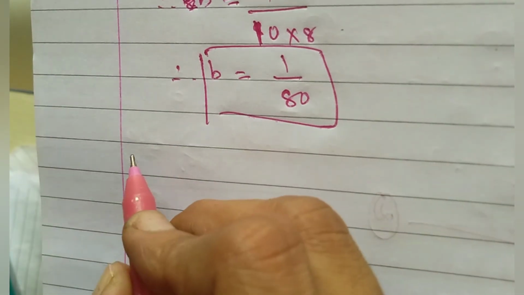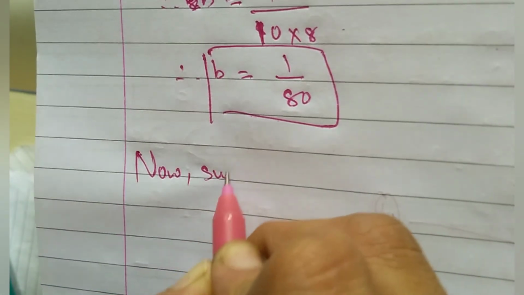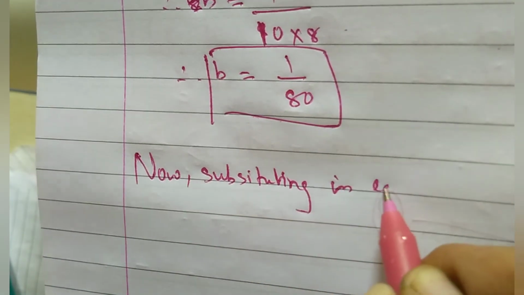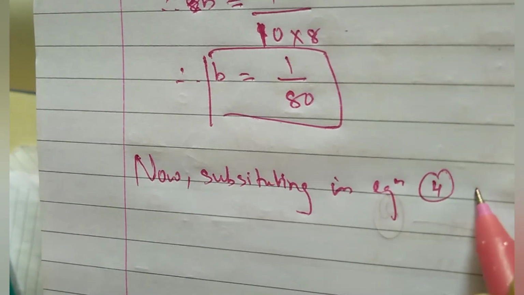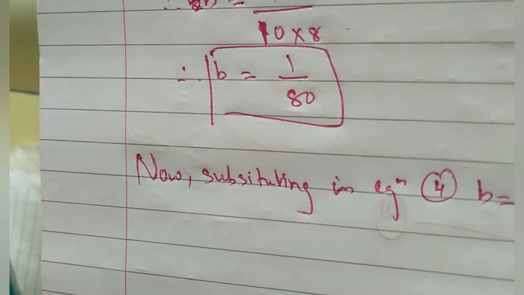Now we have to find the value of a. So what we will write now? Substituting b equal to 1 upon 80 in equation 4.